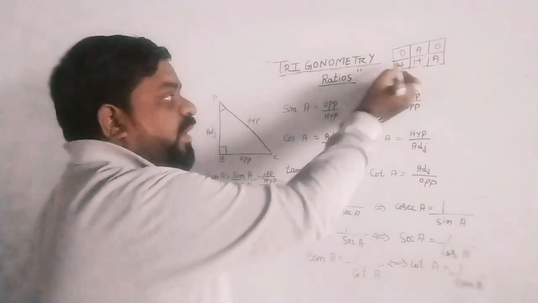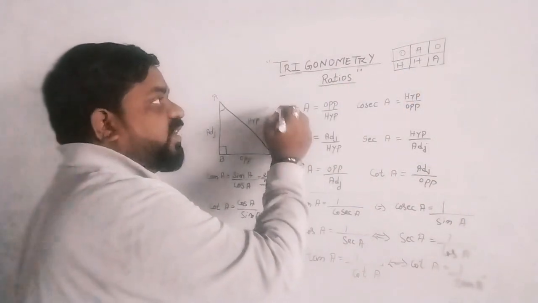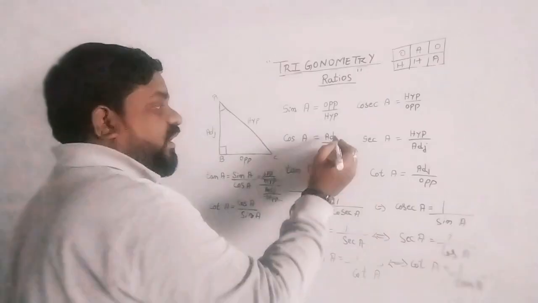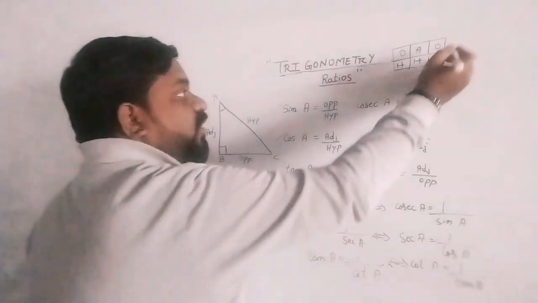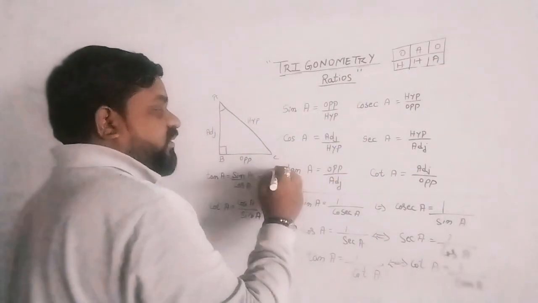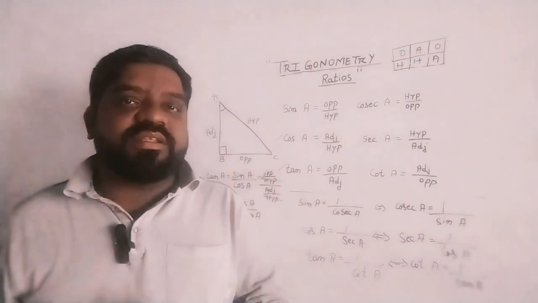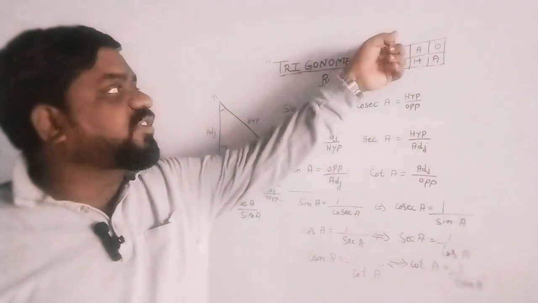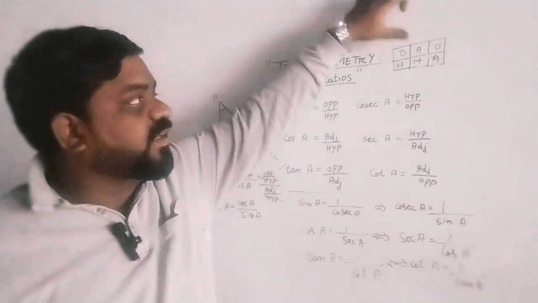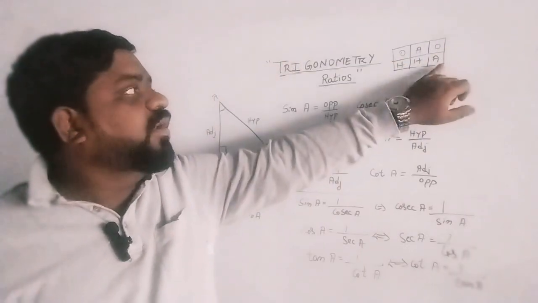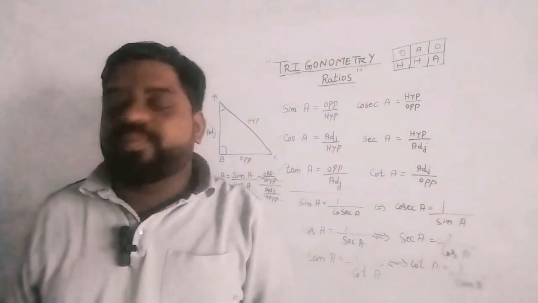First we have O by H, opposite by hypotenuse is sine, A by H, adjacent by hypotenuse is cos, O by A, opposite by adjacent is tan. If you find the reciprocal, that is cosec, H by O, next sec, H by A, and cot, A by O.